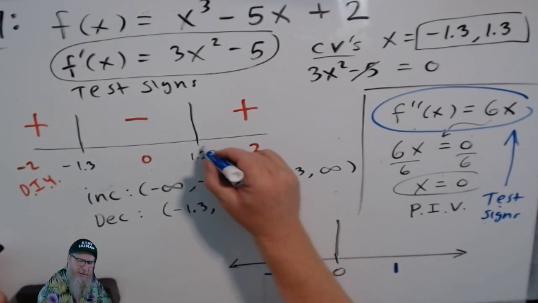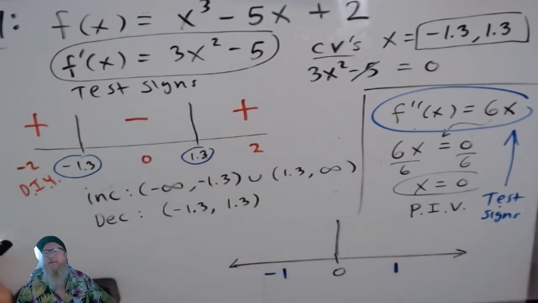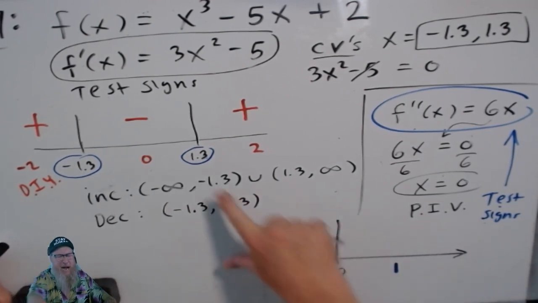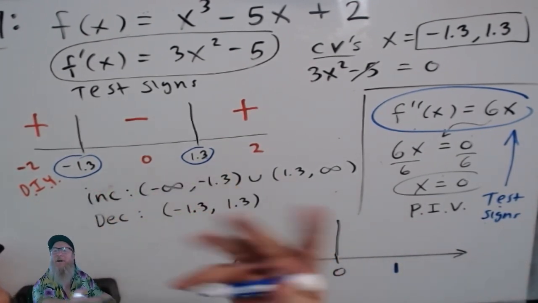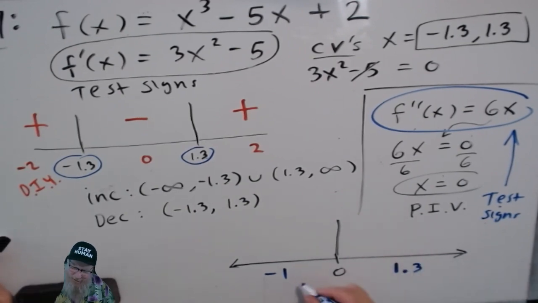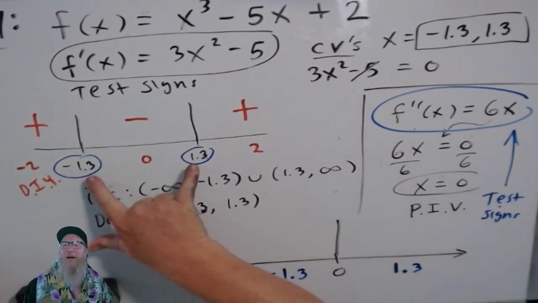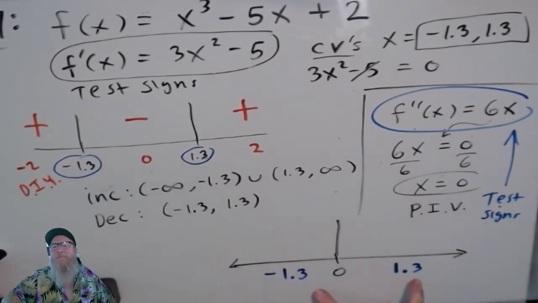You could actually use these numbers if you like. I just picked nearby numbers, 1 and negative 1, because they're easier to plug in. But you could pick those as well. That's fine. I've done that before. Use the critical numbers as your test numbers in this one.